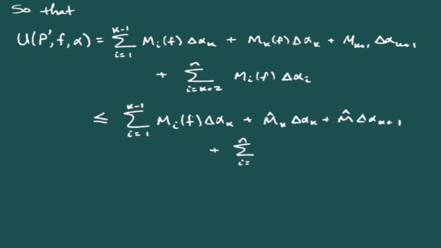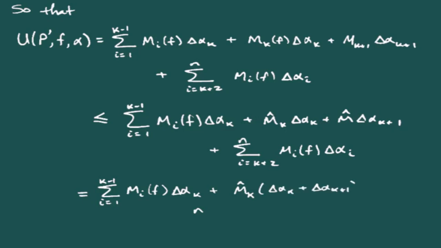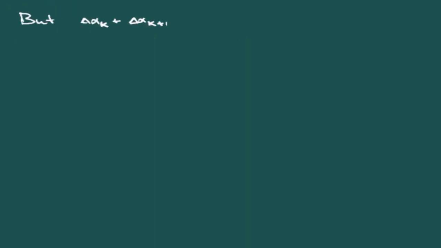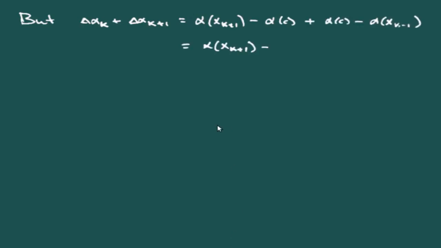But remember that whenever we're adding those together, what form do they take? Well, alpha sub k plus 1 minus alpha sub c plus alpha sub c minus alpha sub k minus 1. Your alpha sub c's cancel out, and so we end up with delta alpha hat sub k just being the difference between alpha at x sub k plus 1 and x sub k minus 1.